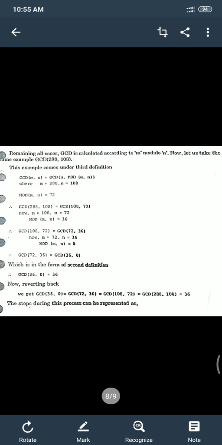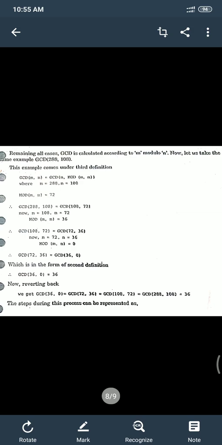Now let us take the same example, GCD of 288 comma 108. See, this example comes under the third definition: GCD of m comma n equals GCD of n comma mod of m comma n, where m equals 288 and n equals 108.